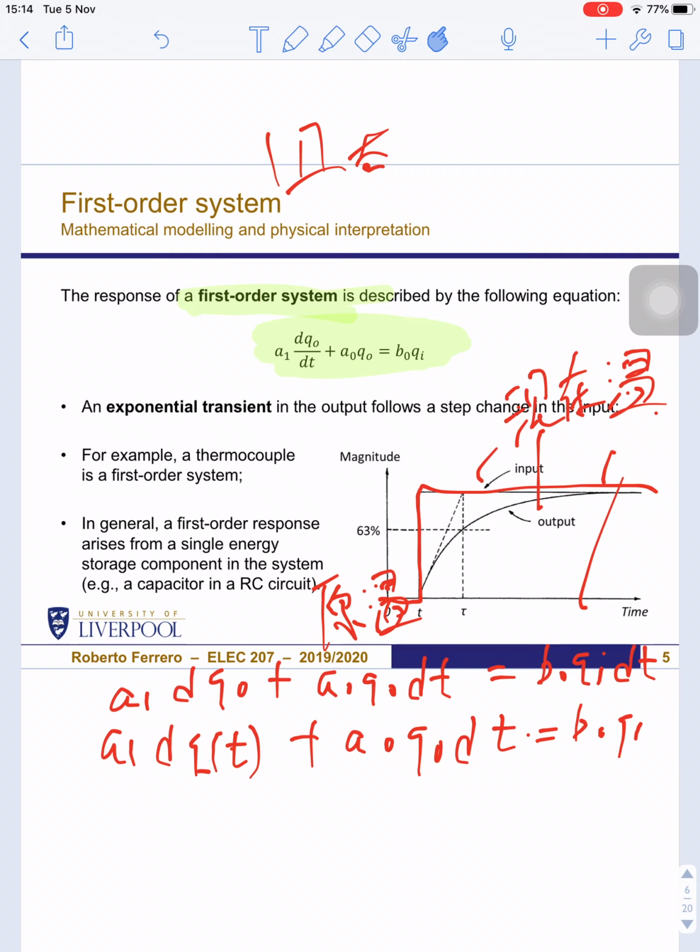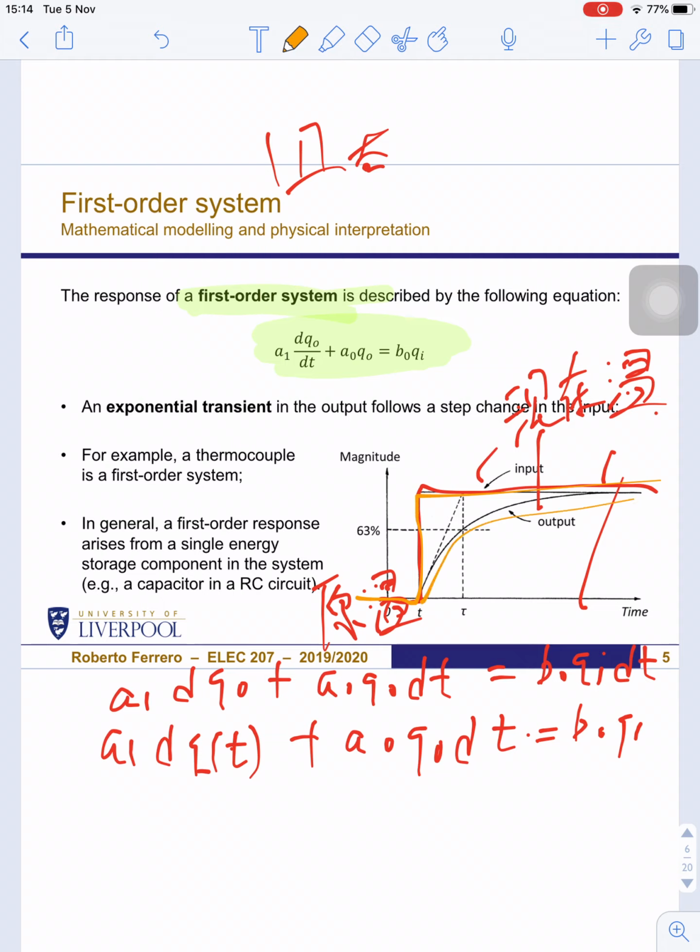Just like the example I mentioned, if you want to measure the body temperature, you must put the thermocouple on the surface of your body for some time. Let's say this is the input temperature change, and this is the corresponding output temperature change.